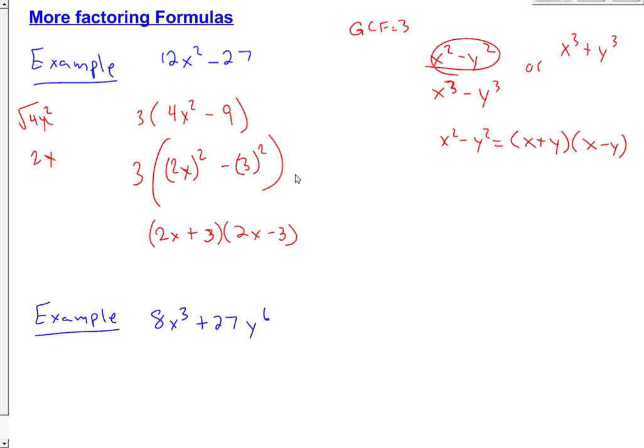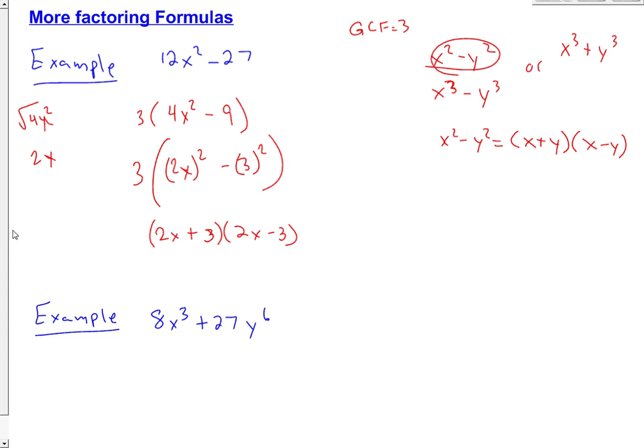Okay? Because I have to think about what is being squared. So 2x is squared instead of the x here. So in place of x, I'm writing 2x. And then for my y, I have 3 squared. So in place of the y's, I'm plugging in 3.